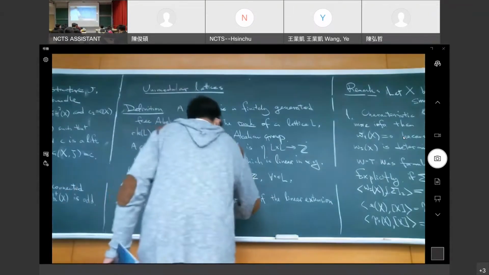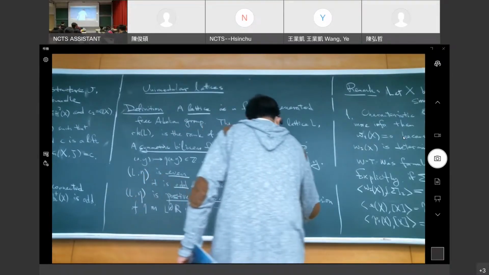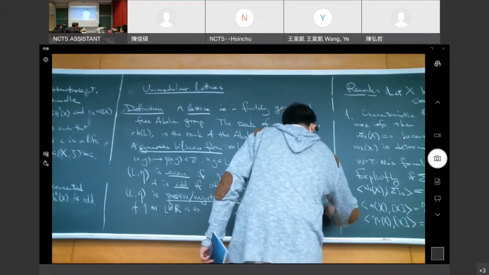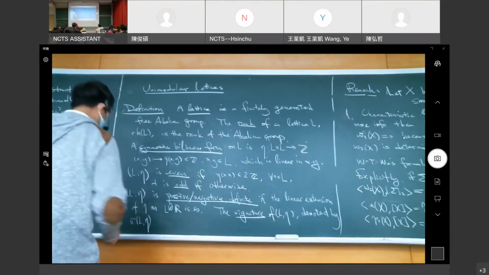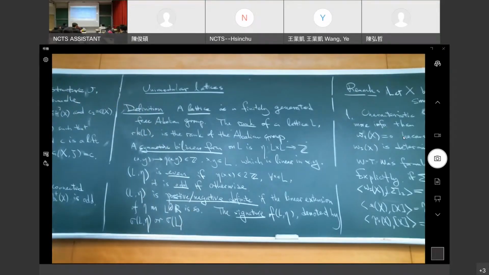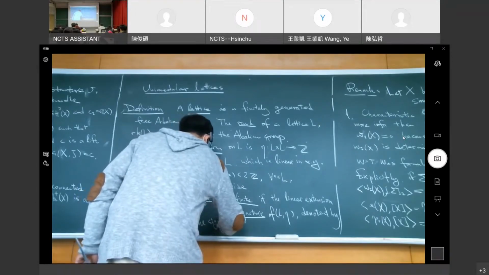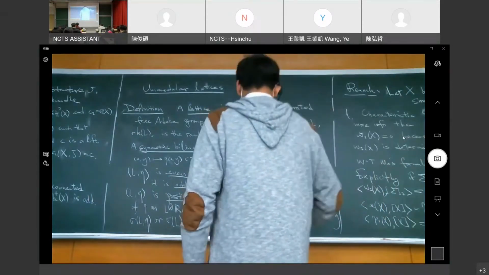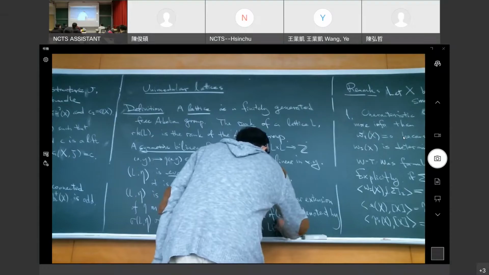Finally, the signature of L, which is denoted either by sigma of L and eta, or simply by sigma of L if there's no confusion about eta, is the usual signature of eta on that real vector space.